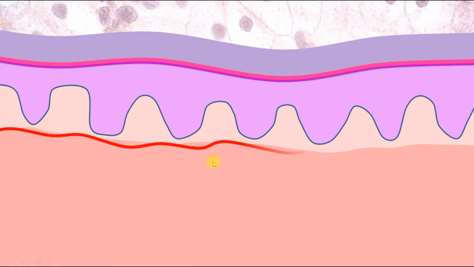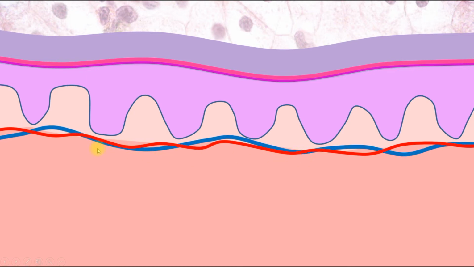And here we can see blood supply, blood vessels, which provide blood supply of skin. We have superficial plexus of the blood vessels, and here we can see artery and vein, and branches from artery form networks inside papilla.